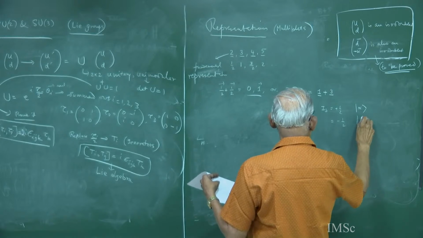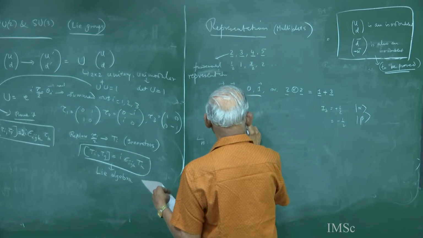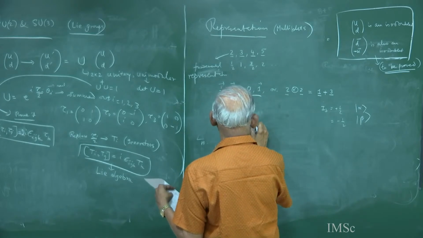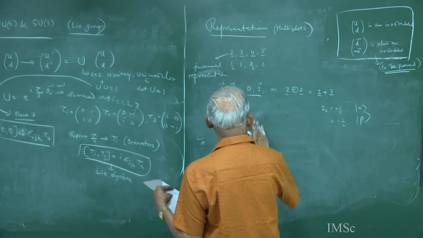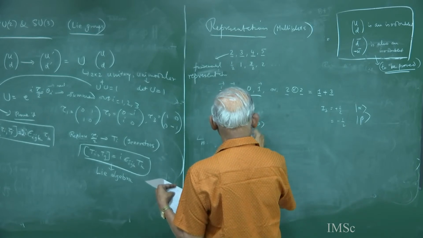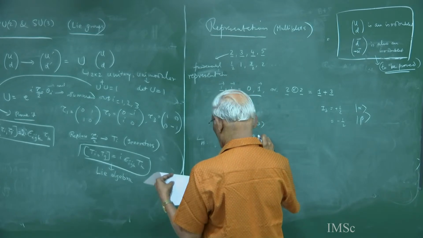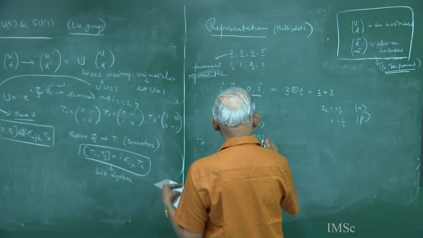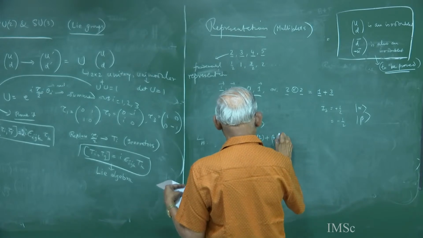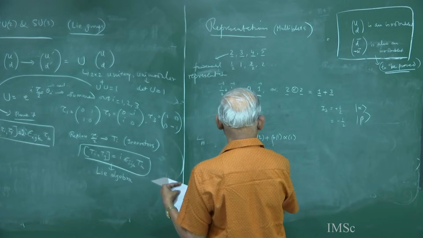But when there are two particles, I already wrote it down, but I mean no harm in writing it again. Alpha 1, first particle alpha, second particle alpha. Then we have the symmetric, these are all symmetric, alpha 1 beta 2 plus beta 1 alpha 2. I already did it, but just for completeness here, let me do it again.